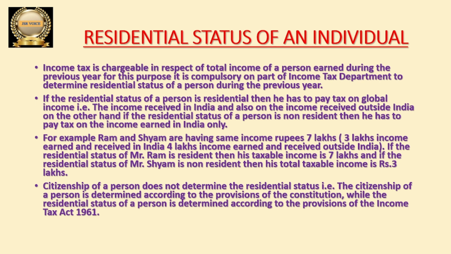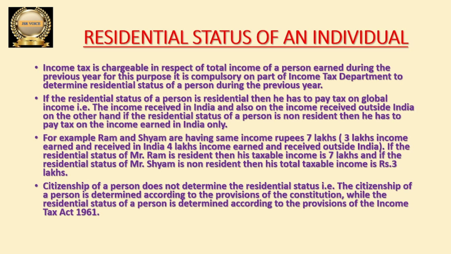So let us take one example. I mentioned it down; you can see the example. I will explain that and you can see the lines also. Ram and Shyam both have the same incomes. Ram is one individual person, Shyam is another individual person. Both are earning the same income during the previous year.